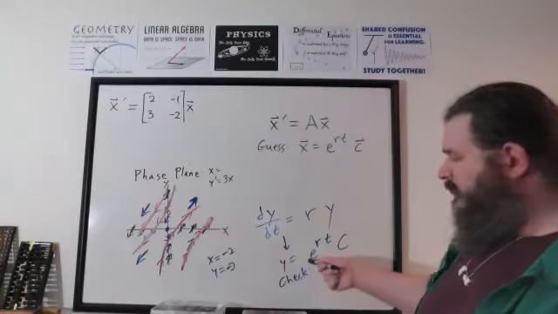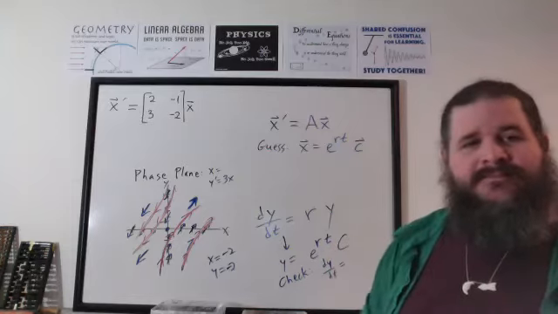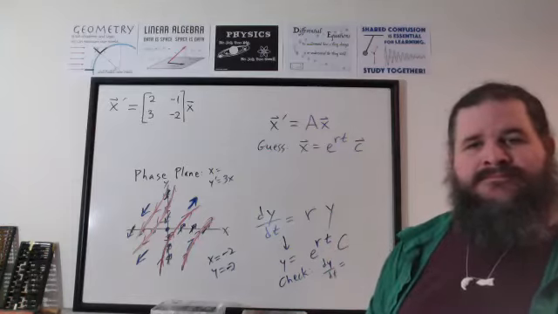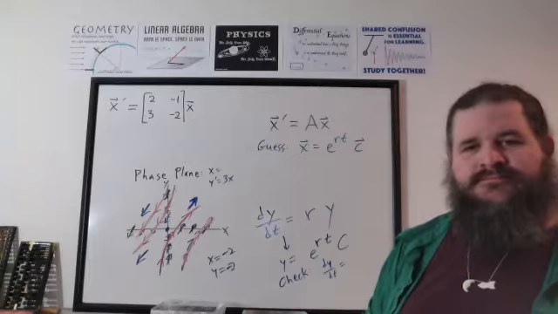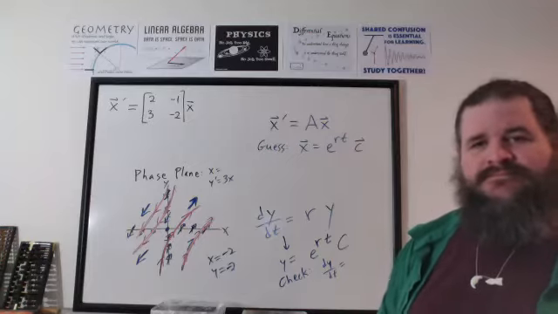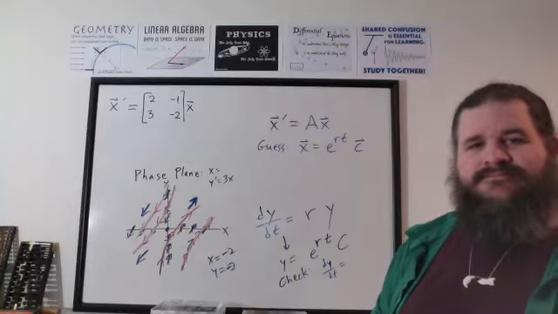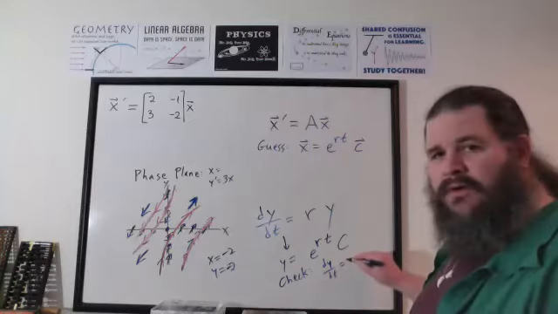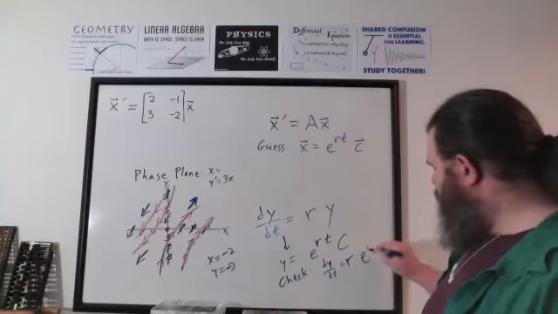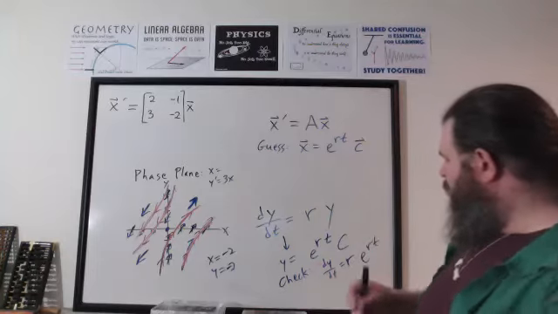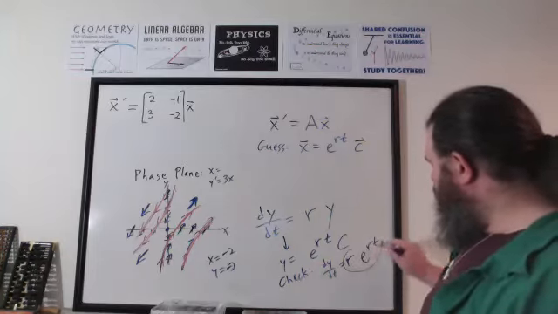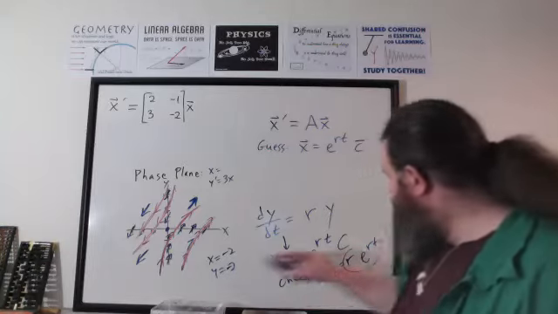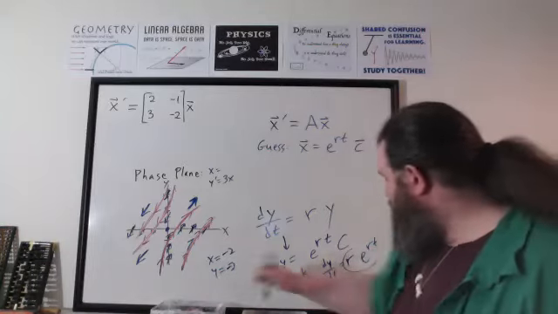So dy dt, what's the derivative of e to the rt? Yeah, r times e to the rt. So if we substitute this derivative, oh, and we also need a times c, because that constant multiplier doesn't change.